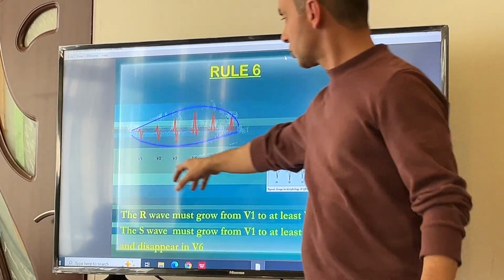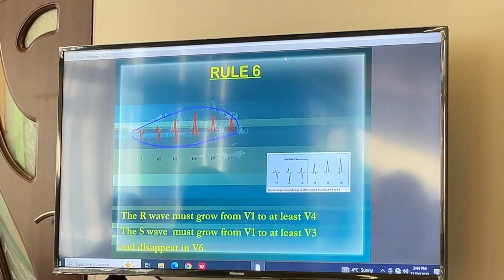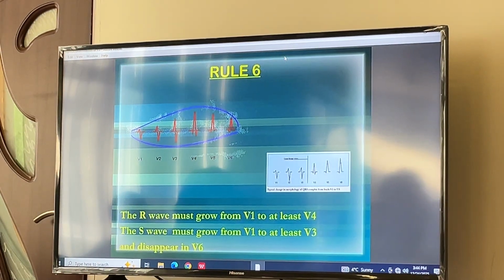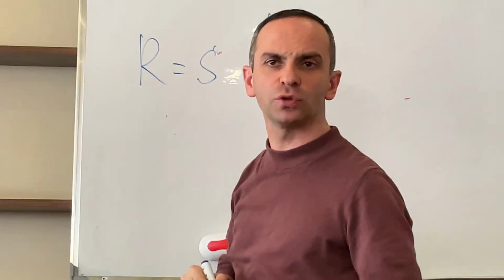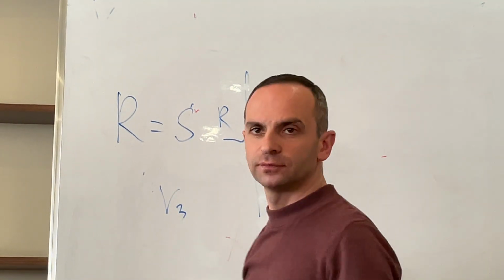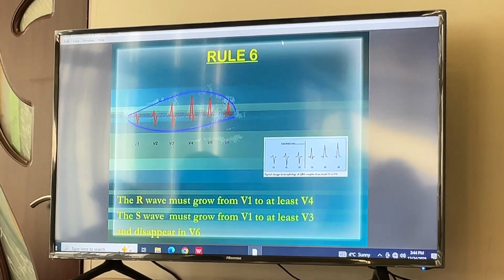So I have opposite direction like this. Precordial lead where R is equal to S is called transition zone. It is usually localized in V3. If you look at V3, you can see that R is equal to S. Transition zone.